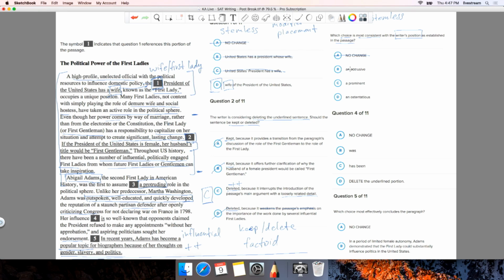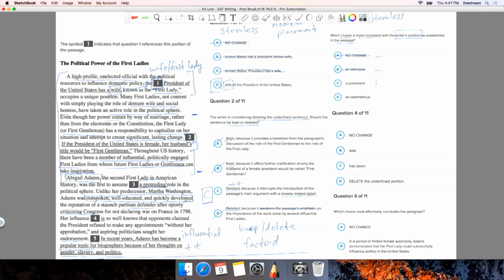So let's take a look at B, an obtrusive role. Obtrusive also has a similar meaning to protruding in that it's sticking out, but in a slightly negative way. So that's negative, and we can cross that out. And then what about prominent? First to assume a prominent role in the political sphere.